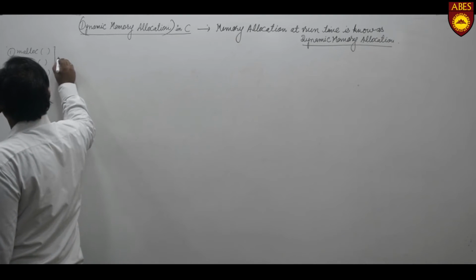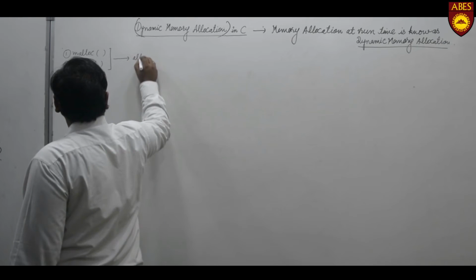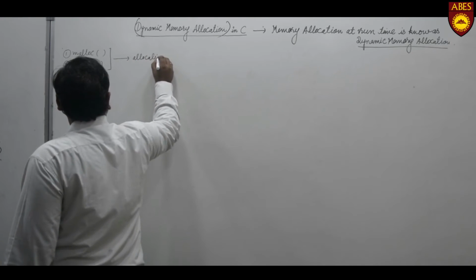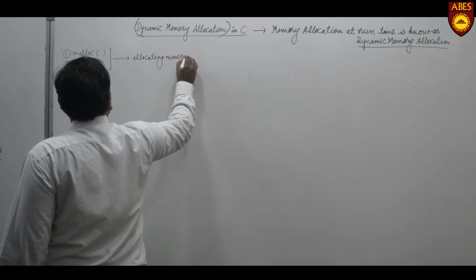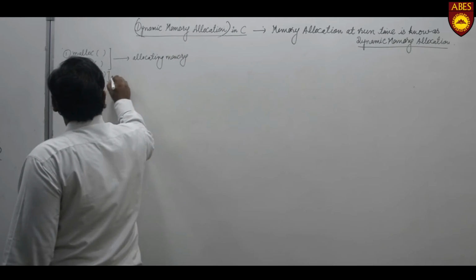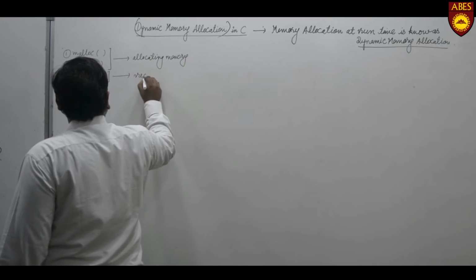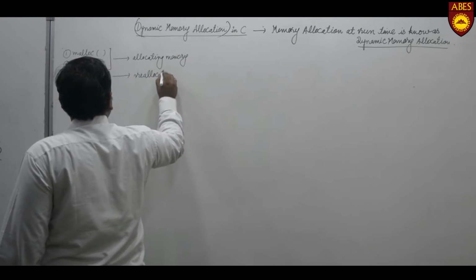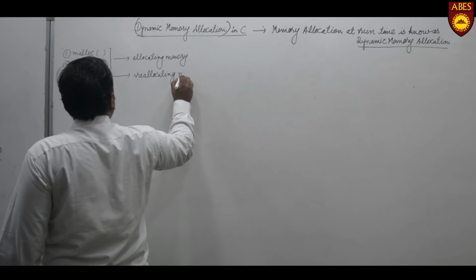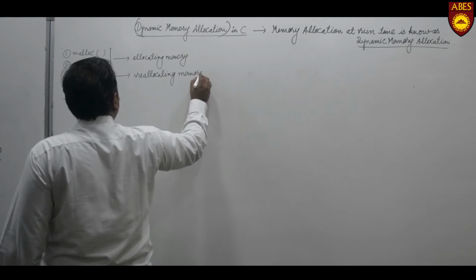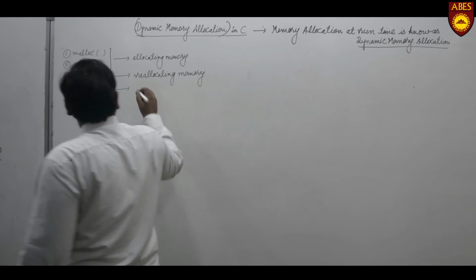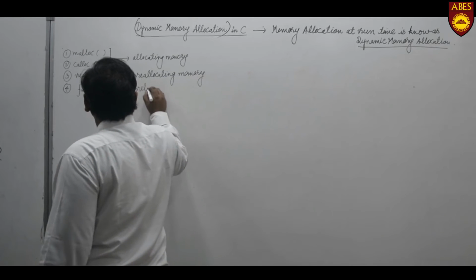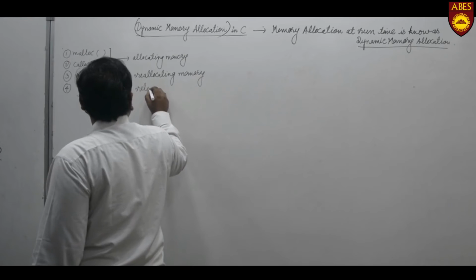First two functions are for allocating memory, the third one is for reallocating memory, and the fourth function is for releasing the memory if it is no longer in use.